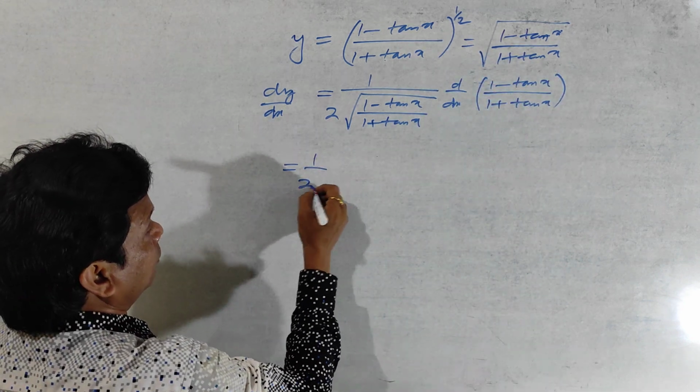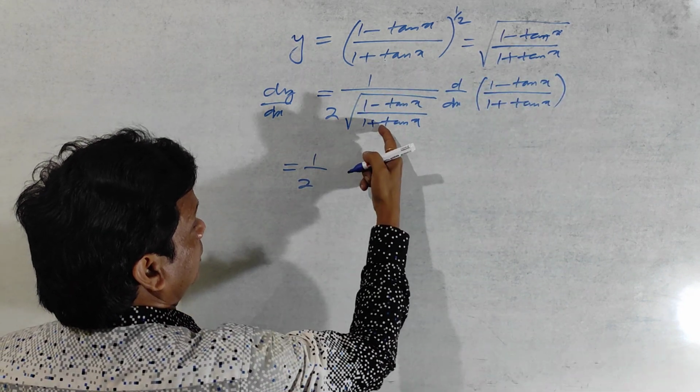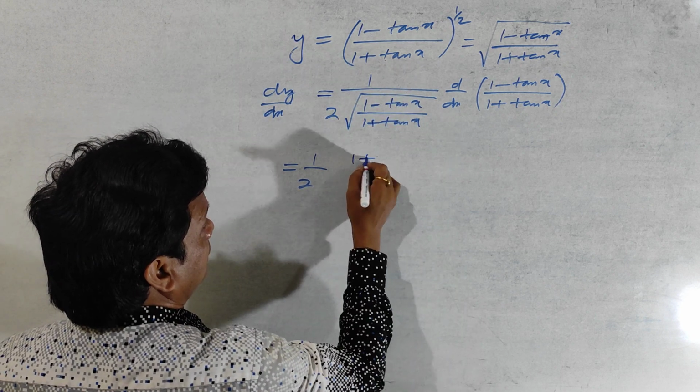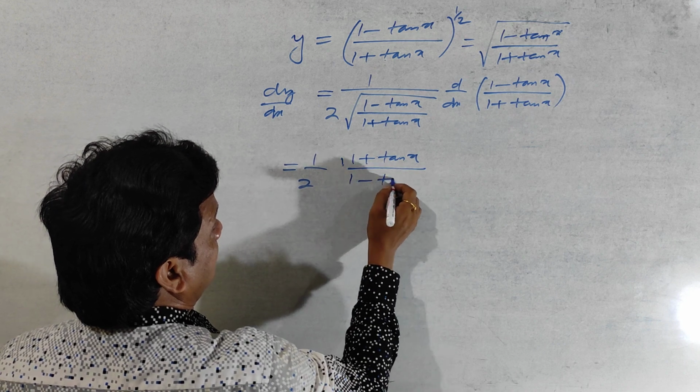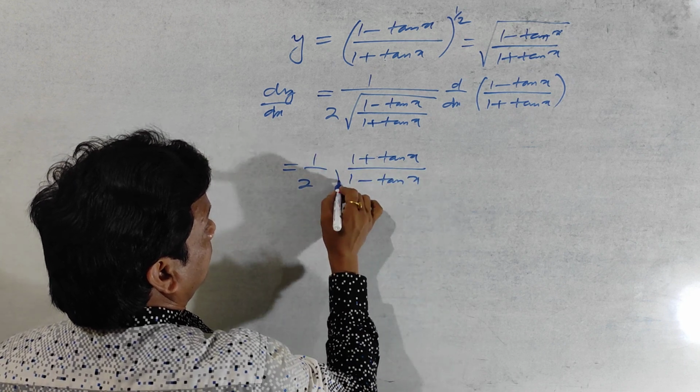And it is 1 by 2. This denominator goes upward and divided by 1 minus tan x root over of this one.